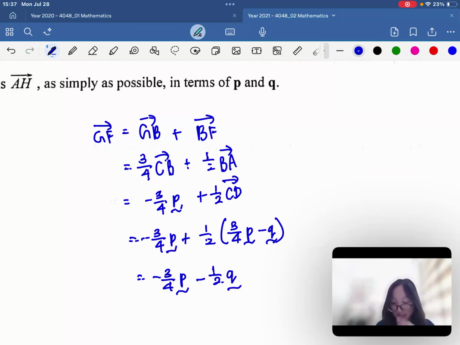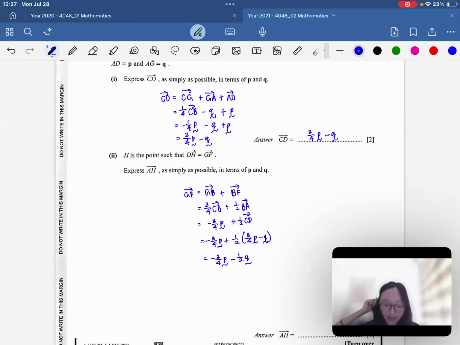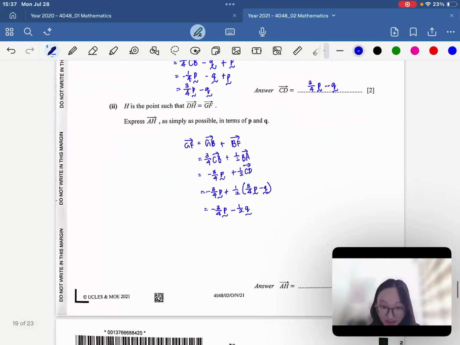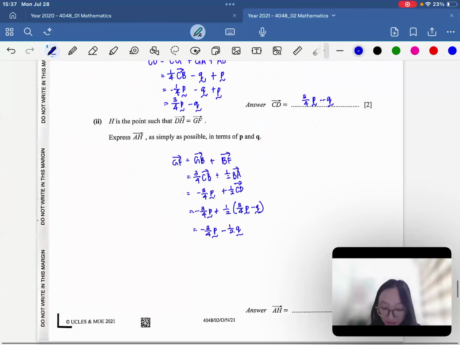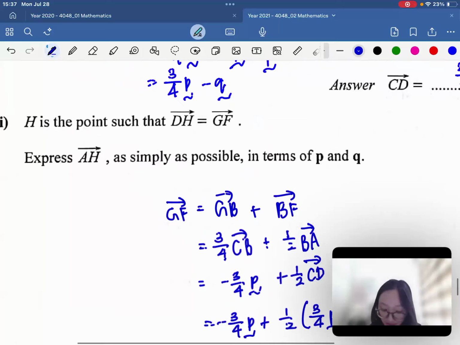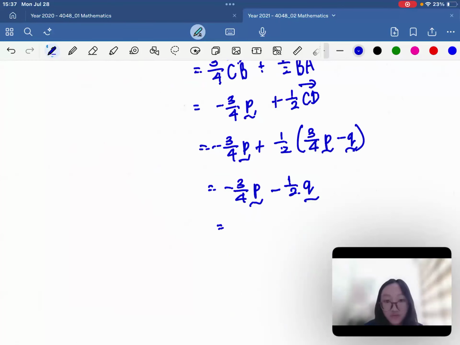Okay, so this is BF. And now we want to find DH. But we know that DH is equal to GF. Hence, we can say that this is also equal to DH. Okay, I made an error here. This should be negative 3/8.